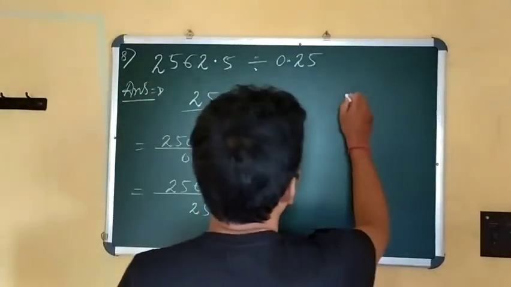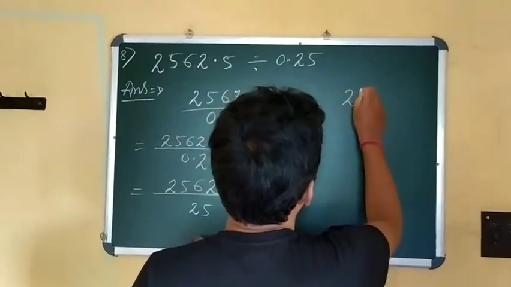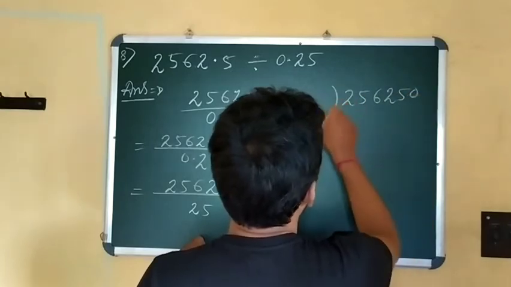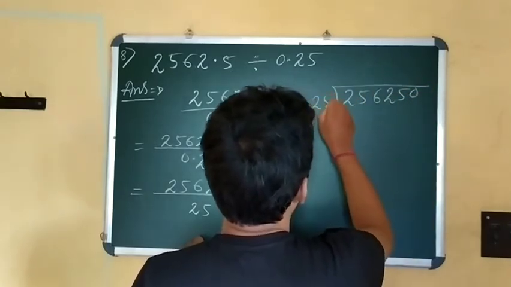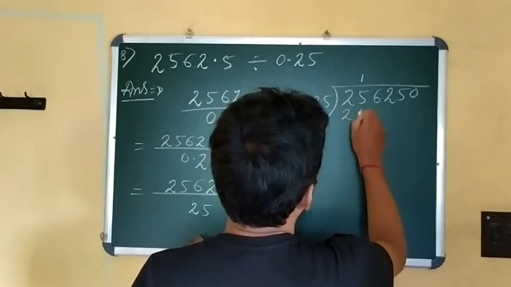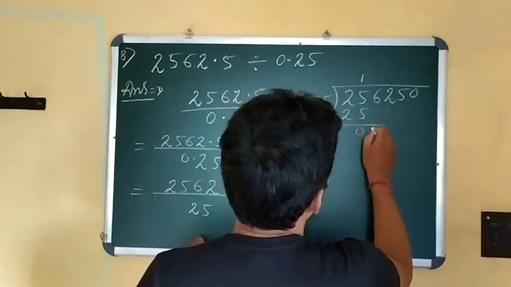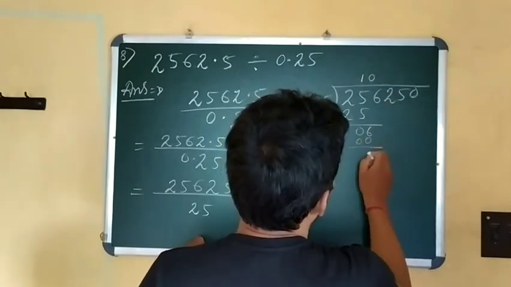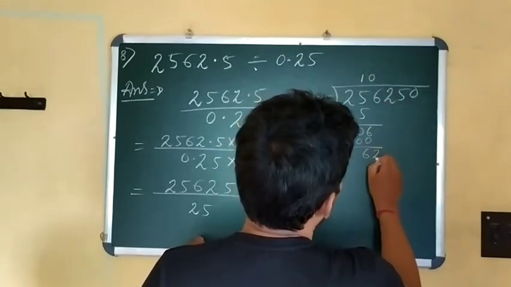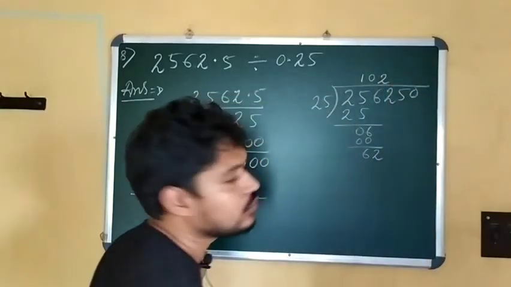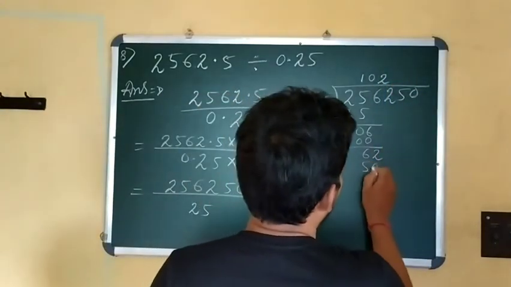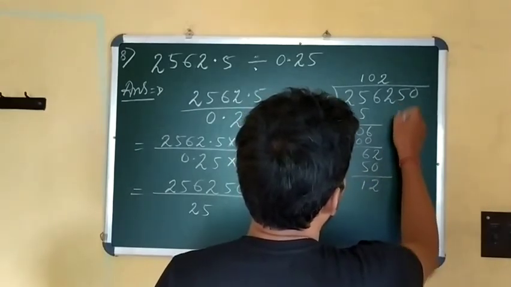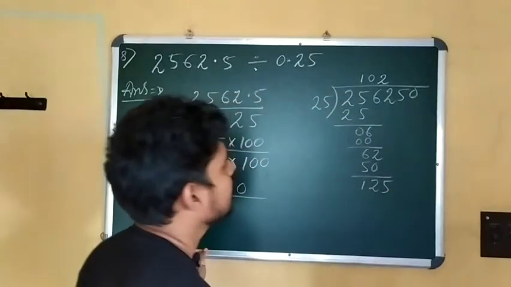Here let's see, 256,250 divided by 25. 25 into 25 is 1, 25 into 125... 6 comes down, 0, 6. 25 into 2, 50, then 2, 1, we get 5.